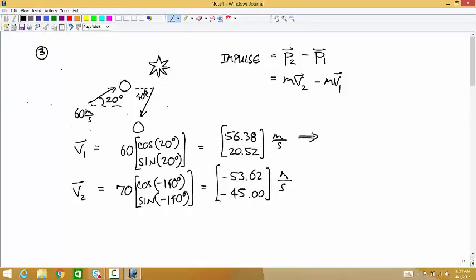Those are the velocities. We need the momentums. So the momentum at instant 1 is this times the mass. The mass is 0.02.